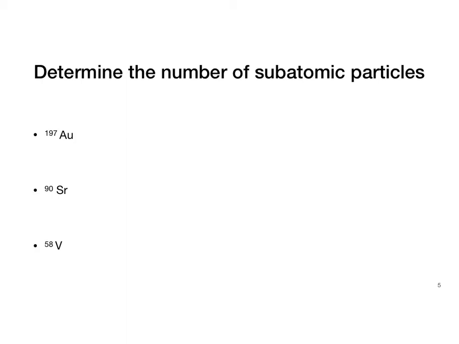Okay, so for 197 AU, we want to look for the protons, neutrons, and electrons. The protons and the electrons are the same because this is a neutral element. We can get that information directly off of the periodic table.